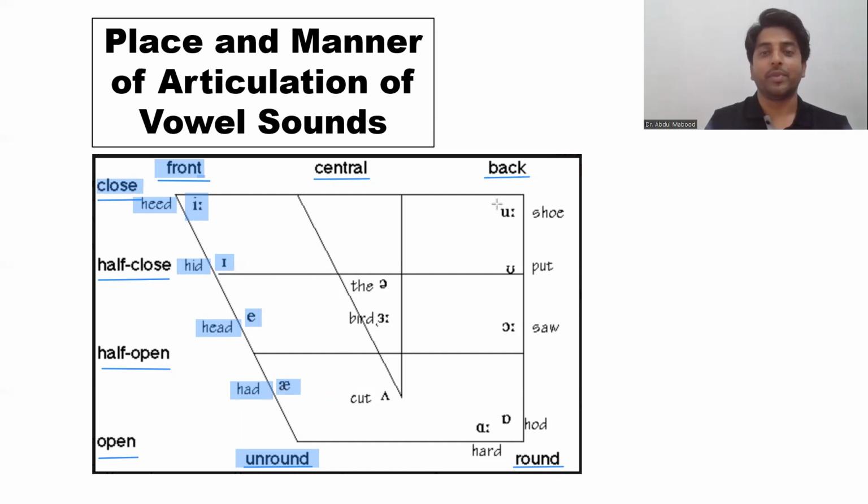Now come here on the right side. When we pronounce this sound, ooh, it comes from the back of our mouth. And then the lips are rounded, but the mouth is closed.